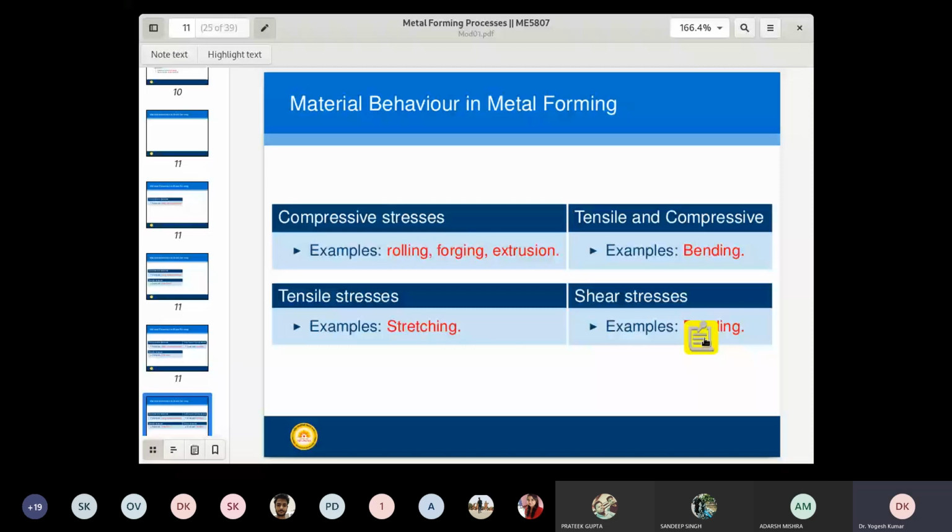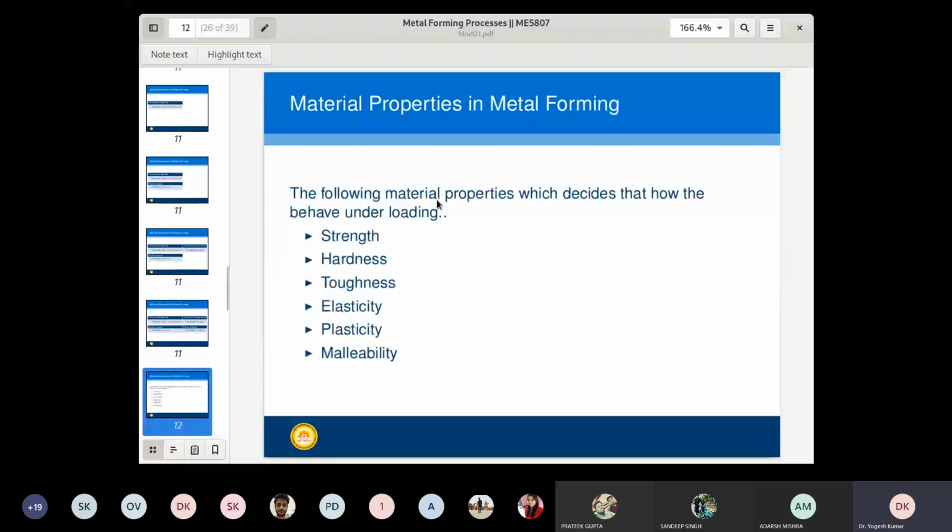So this is how we are trying to understand what kind of stresses are developed when the material is loaded by tensile force, compressive force, shear force, or torsional force, or a combination of these.